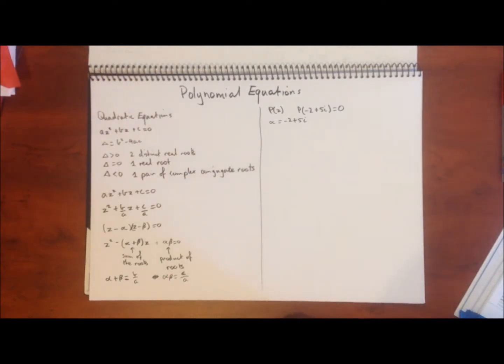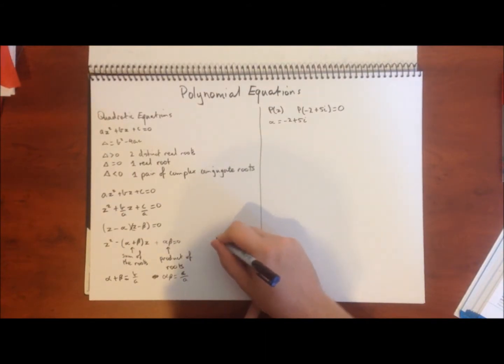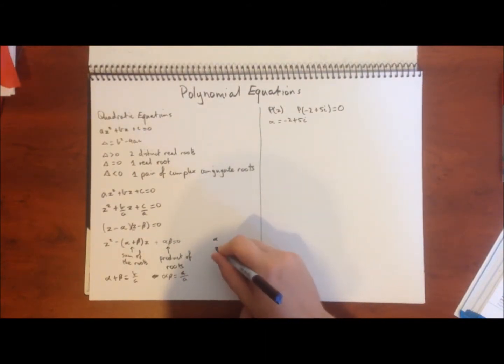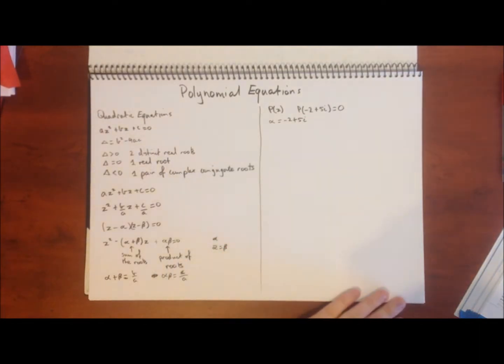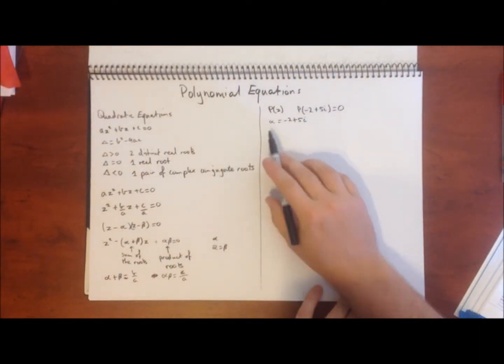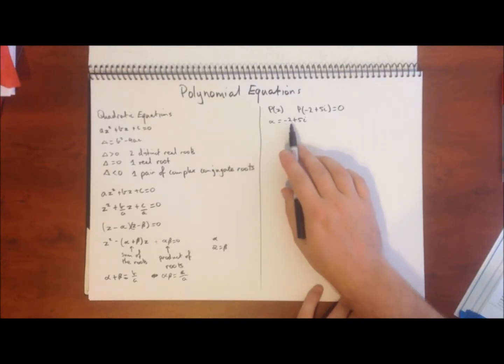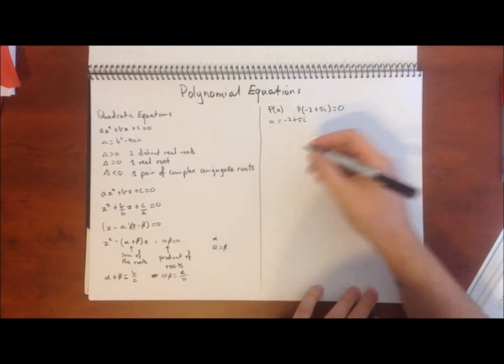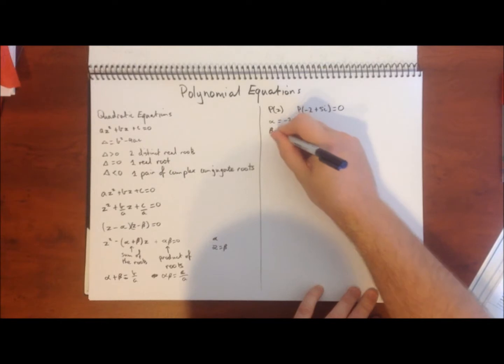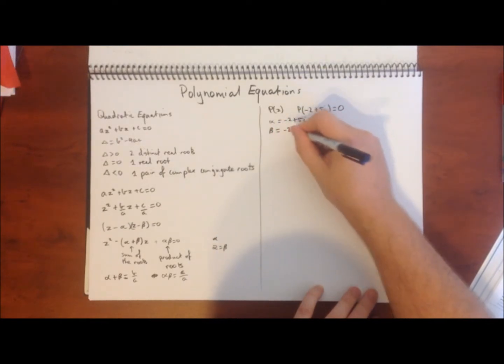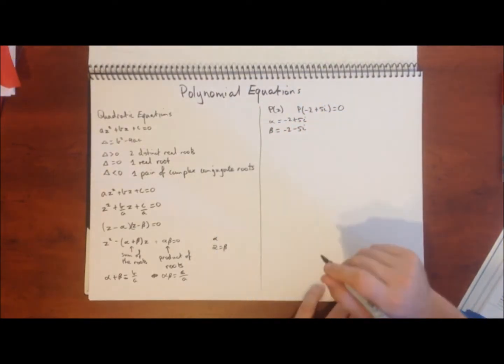Remember, these are situations where we've got a pair of conjugate roots. For alpha, alpha bar is equal to beta. So up here we have alpha being minus 2 plus 5i, then beta equals minus 2 take 5i.